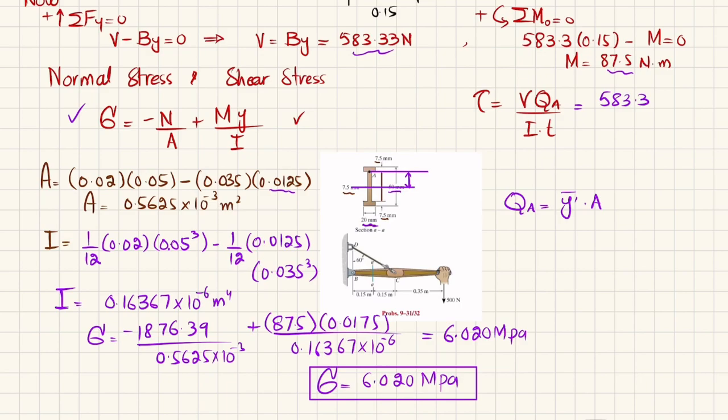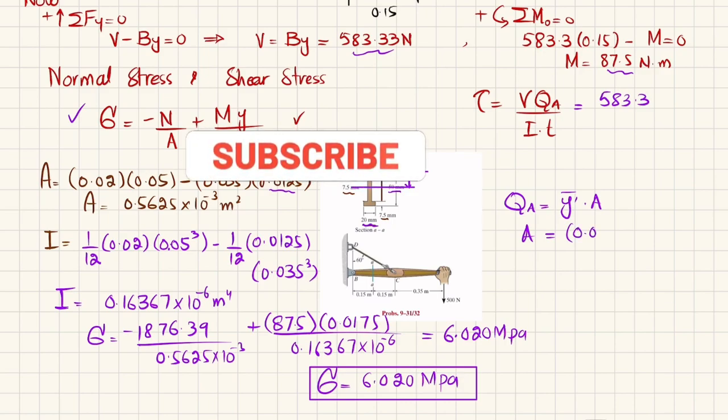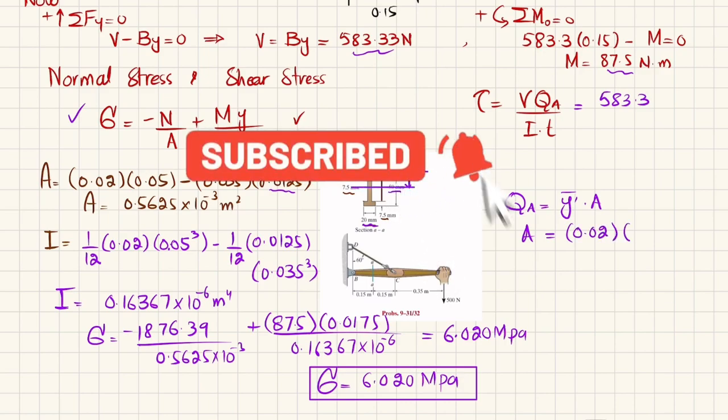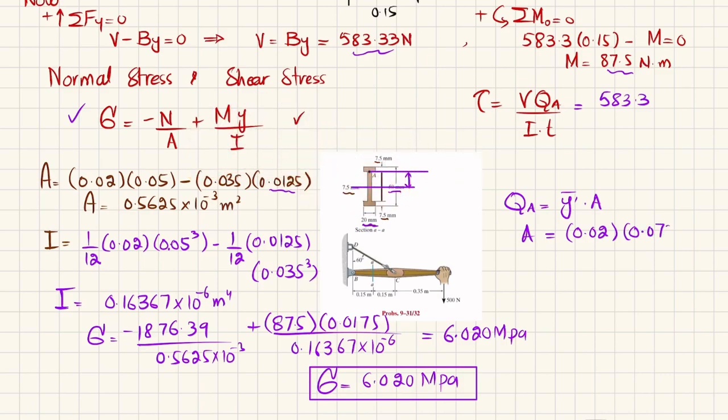So I will write this area A is equal to 20, so 20 is 0.020 meter into thickness 7.5, which is 0.0075. 7.5 millimeter is 0.0075 meter.